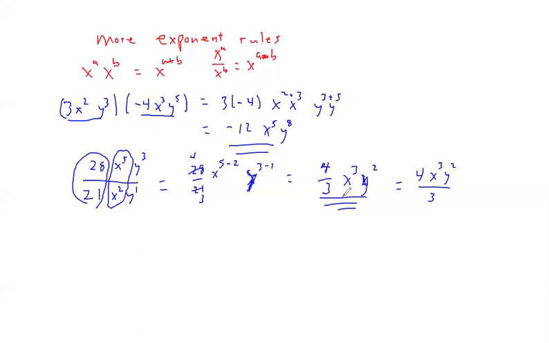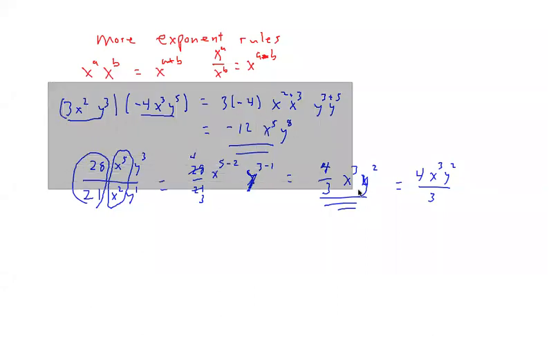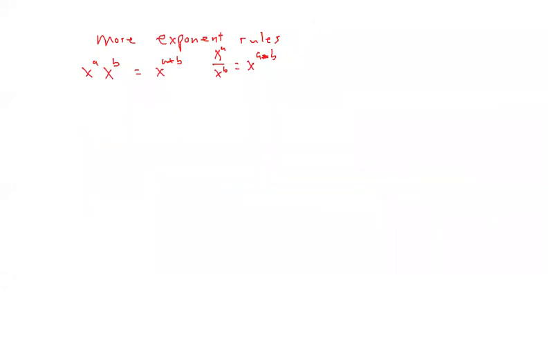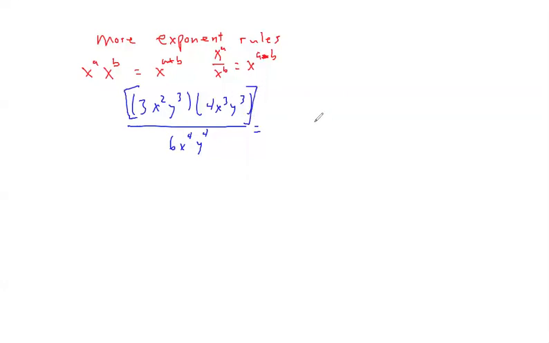Okay, now let's take a problem where we combine the multiplication and the division rules together and see what happens. Now here's our problem. We have a multiplication up here, and then we have a division. So why don't we imagine there's a parentheses around here and just do this multiplication first. Go ahead and do that and then come back.